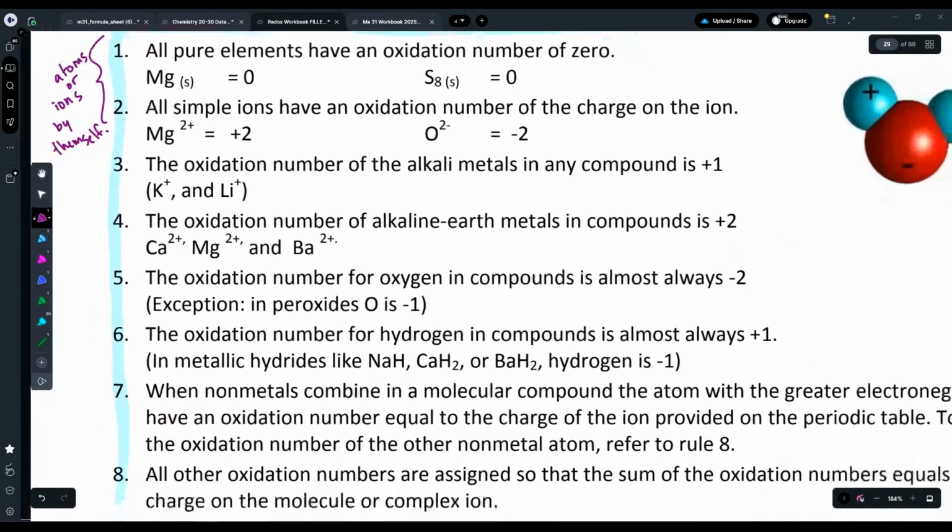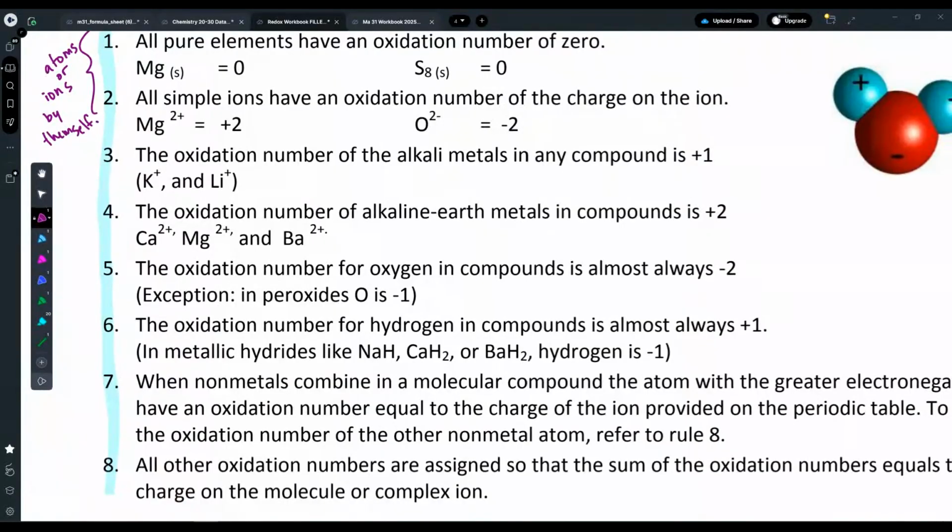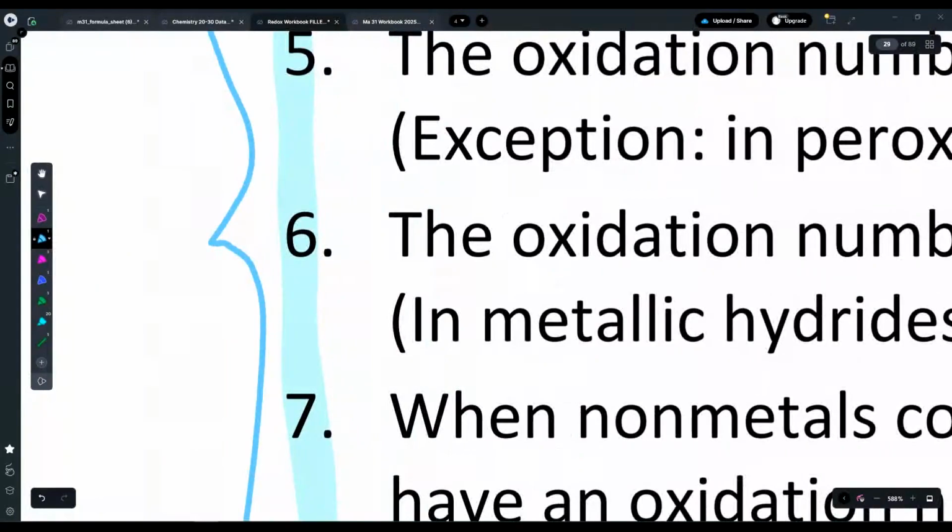Now, the rest of these rules are going to apply to polyatomic ions or compounds in general. So let's write that out.